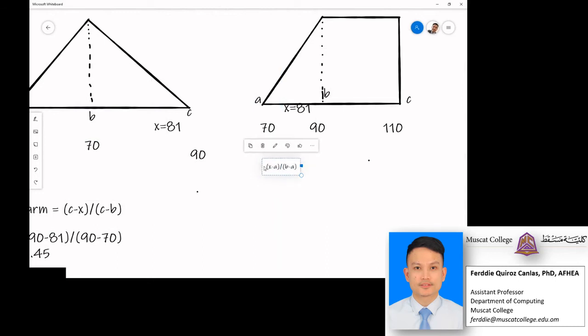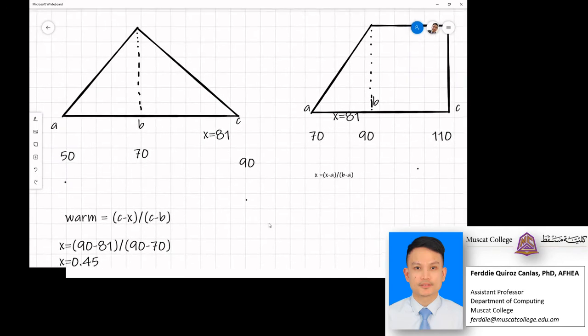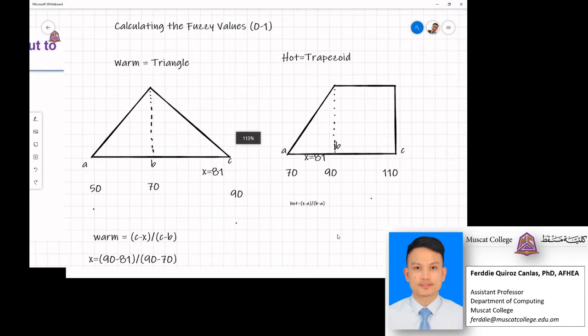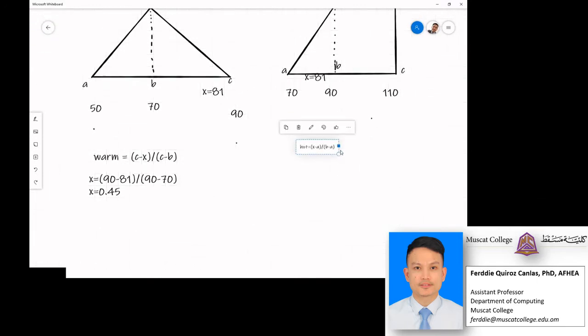Okay, so therefore our x will be this, for the hot. So hot is like this. Okay, so we can now calculate it. So let's try to substitute the values. So x hot will be how much here?